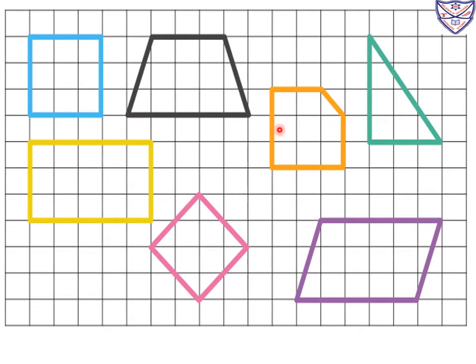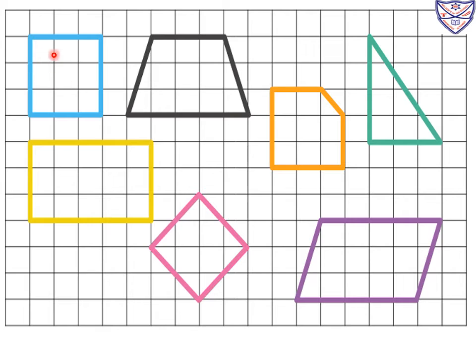So in this way we will place the shapes on the graph paper. See, first there is a square. In that, how many square units are there? 1, 2, 3, 4, 5, 6, 7, 8, 9. So that is 9 square units.